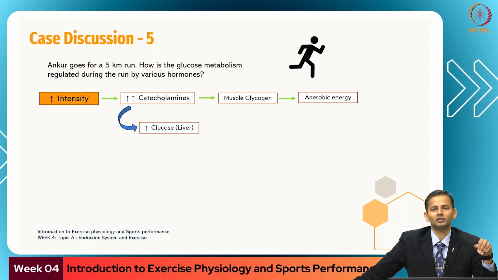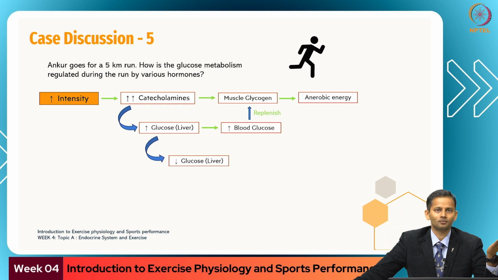It also acts on the liver to increase the glucose level and thereafter increases the blood glucose. This glucose which is formed in the liver is released into the blood, and it is taken up by the muscle to replenish the utilized glycogen store in the muscle.